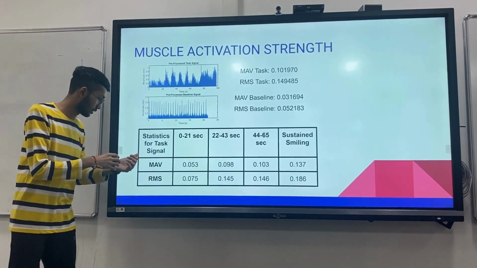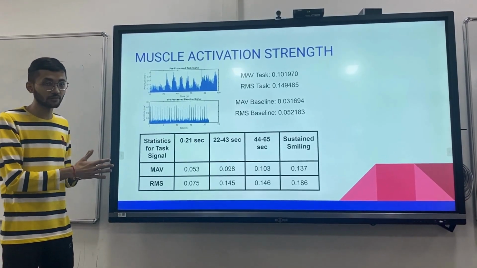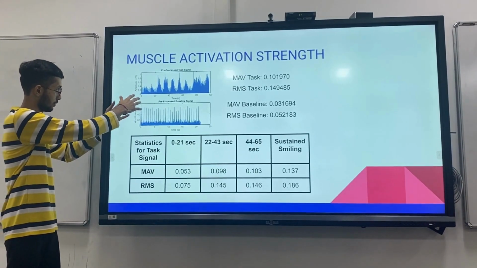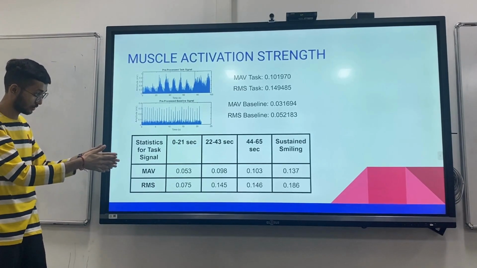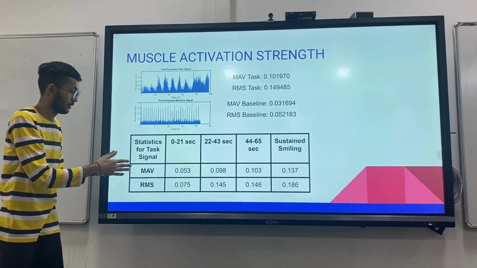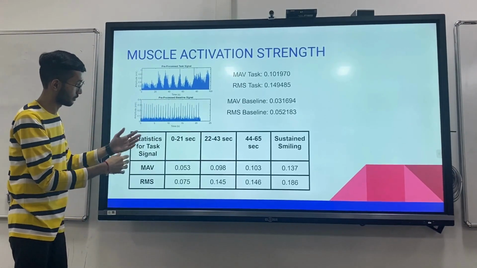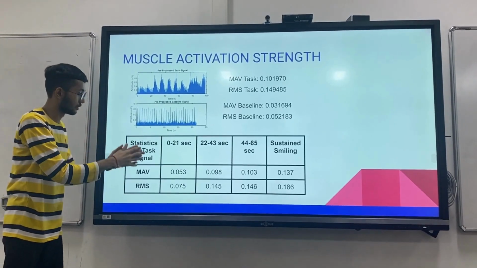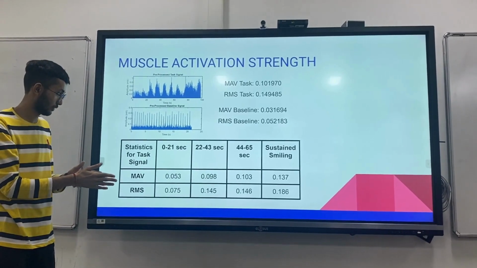Further delving into the analysis of the task signal for various time intervals, we see that for the first 20 seconds the subject was smiling less, so the mean absolute value and the RMS value are relatively lesser. For the next 20 seconds, the subject was smiling more as compared to the first 20 seconds, so we see the increase in the mean absolute value and the root mean square value.